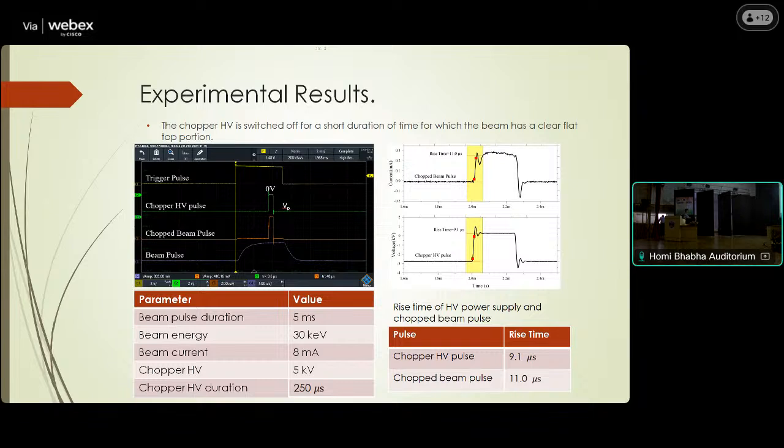It is showing the rise time of this chopped beam pulse and the chopper pulse; we are getting about 9.1 millisecond, and the chopped beam pulse is about 11 millisecond. I have taken this geometry in order to minimize the capacitance, so that we can get less rise time and fall time, which will improve the beam quality.